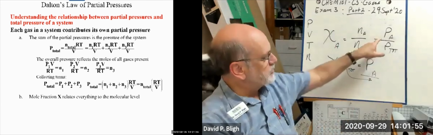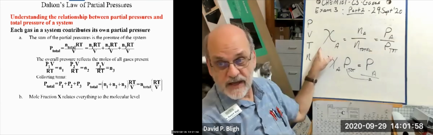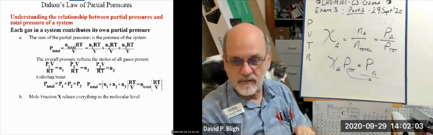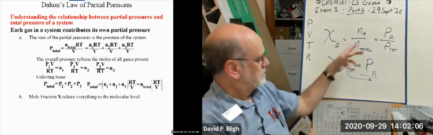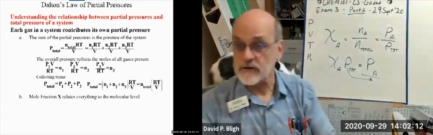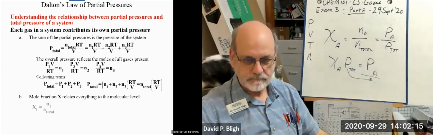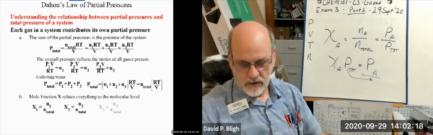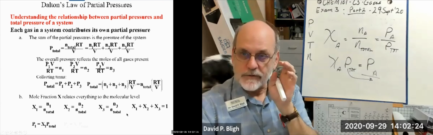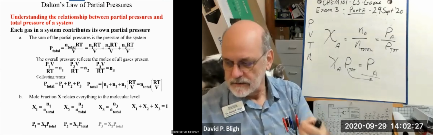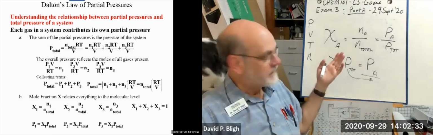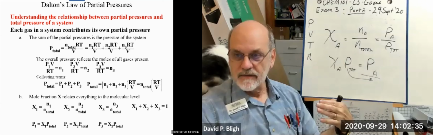So the ratio of the partial pressure of A to the total pressure is also the same as the mole fraction of A in that gas. And we use that relationship very often to determine composition of a gas, say as a consequence of a reaction. Right? So here's how we would express it in terms of moles. And of course, if you are accounting for every gas in the mixture, then if you add up all the mole fractions, they have to equal 1.